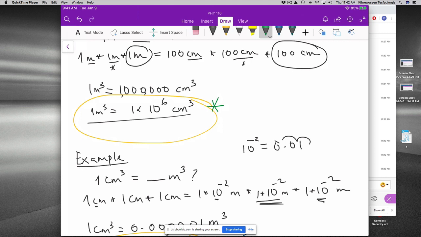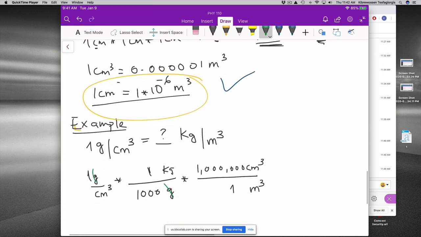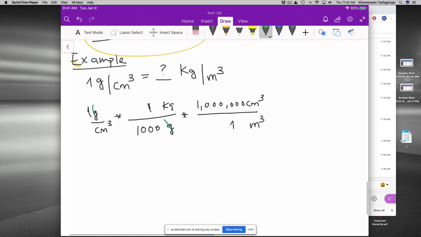This means a million. Okay. So, having said that, the centimeter cubed will be eliminated by this centimeter cube. So what you will have is 1 times a million divided by 1000. That will be 1000, right?